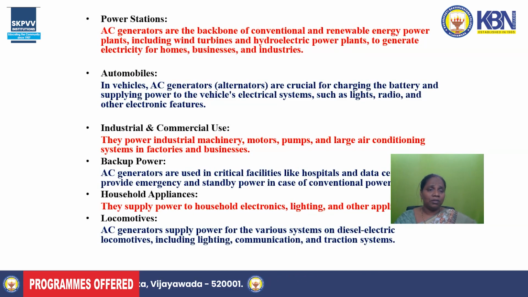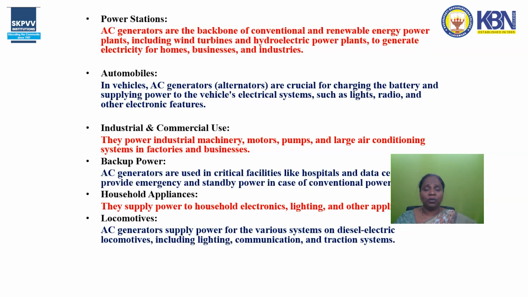Next, they are useful in automobiles, for continuous charging of the battery and to power the vehicles, such as lights, radios and other electronic features. The main application of generators is in industrial or commercial use.